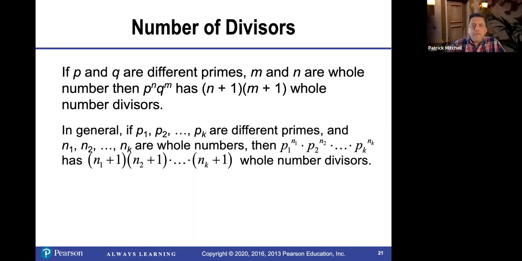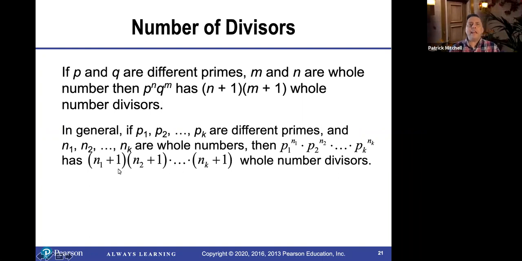In general, if P1, P2, up to P sub K are different primes, and N sub 1, N sub 2, up to N sub K are whole numbers, then the number P1 to the N1 times P2 to the N2, up to P sub K to the power N sub K has this number of whole number divisors.